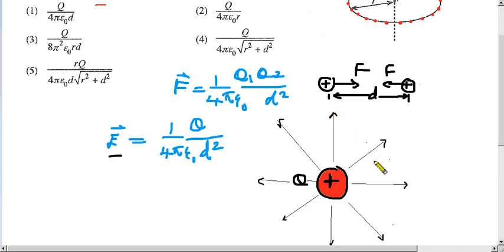So if we place another charge here, either it is repelled, or if it is negative, since the main charge is positive, it attracts. So attraction or repulsion, there is an influence like that.